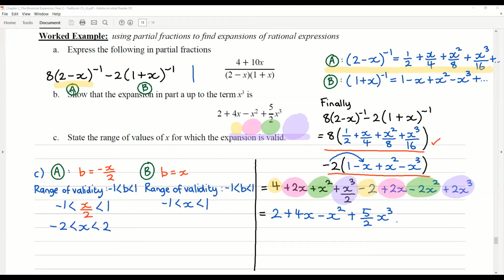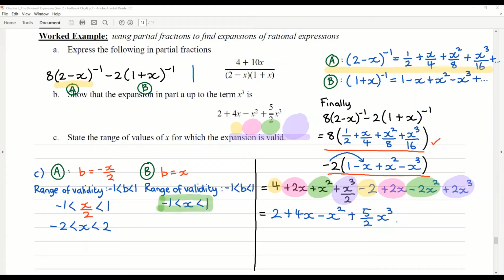So we have for each bracket in this expression, each bracket that was expanded to the power negative 1, we have 2 range of validities that sort of conflict with each other. So remember what we talked about in the warm-up. You have to be able to substitute x values into the whole thing.